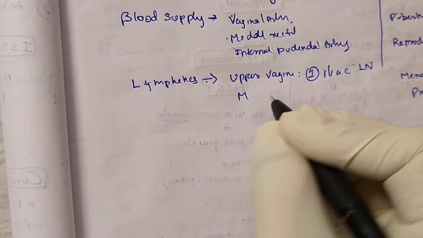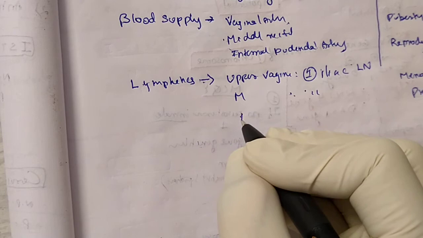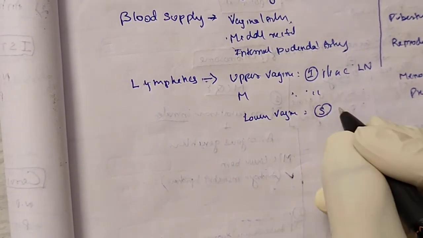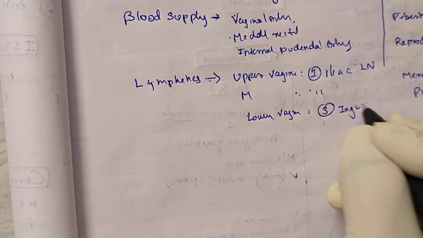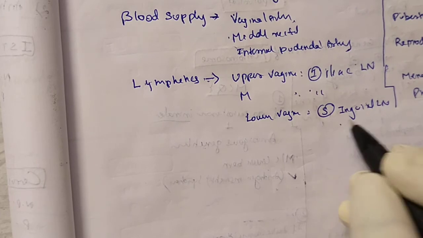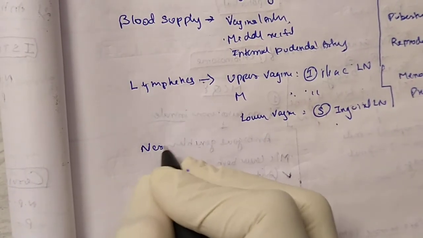Middle vagina, we have the same iliac lymph nodes. Lower vagina, superficial inguinal lymph nodes. You have to remember that in lower vagina we have superficial inguinal lymph nodes. It's an important MCQ.